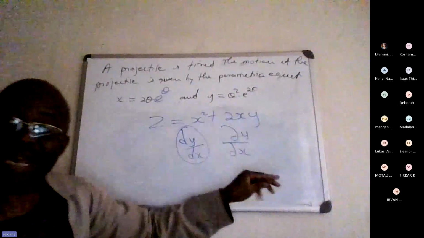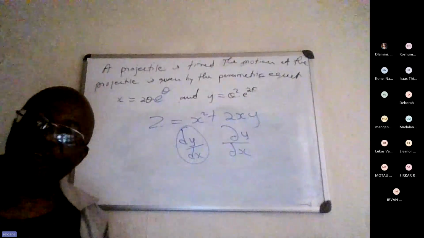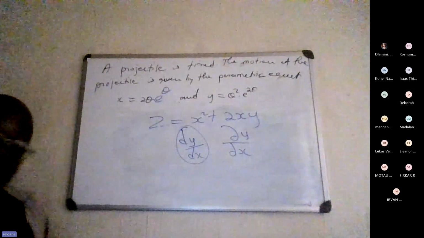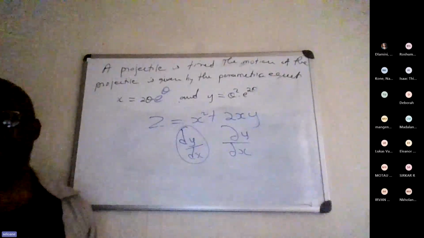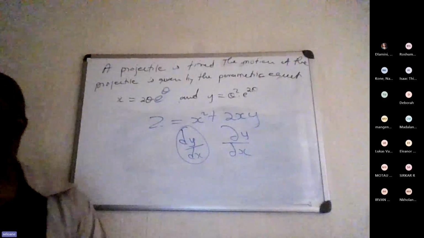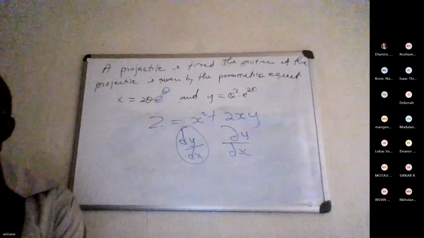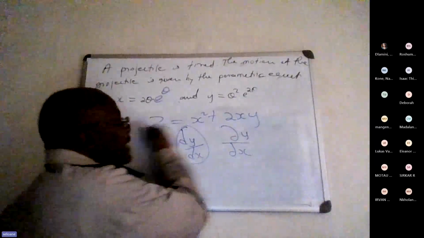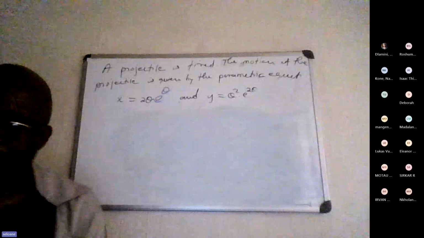And because it's treated like a constant, we are going to take it out, like we did with the 3 when differentiating 3x squared. Does it make sense before we move on? Yes, it makes sense.